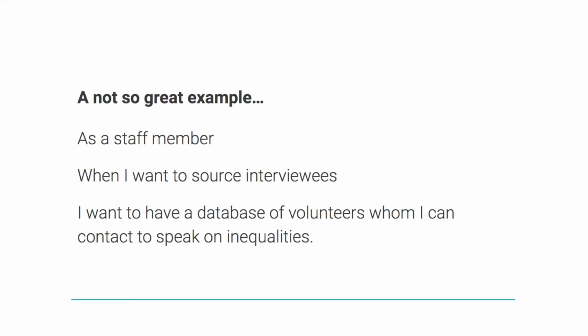Well, for one, quite often charities pick up that it says as a staff member, so perhaps that's not completely putting ourselves in our users' shoes. And another real key point that comes up quite often is this idea of I want to have a database of volunteers. Maybe they don't want a database at all.